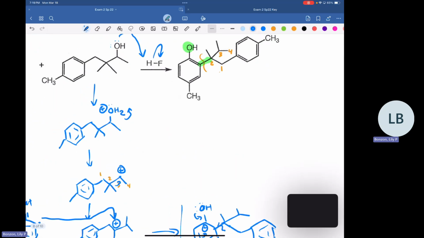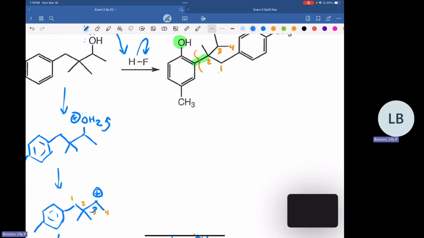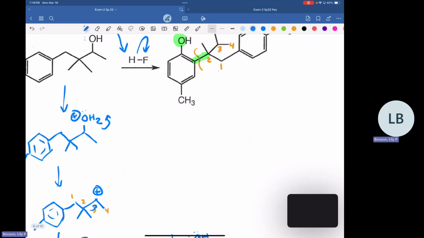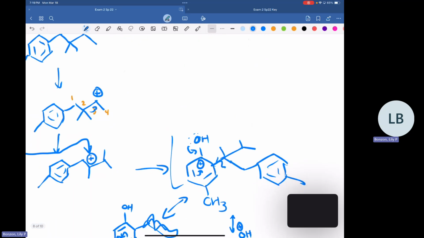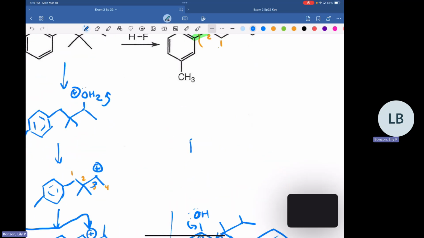So you can see that we basically just reform the double bond to reform the benzene. And so what we can do, I'm just going to redraw it real quick so it's a little bit neater.